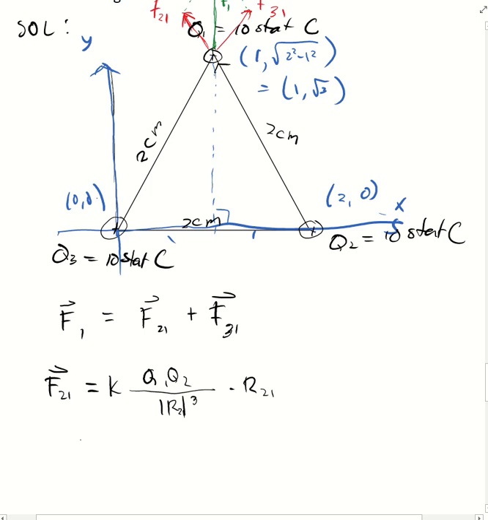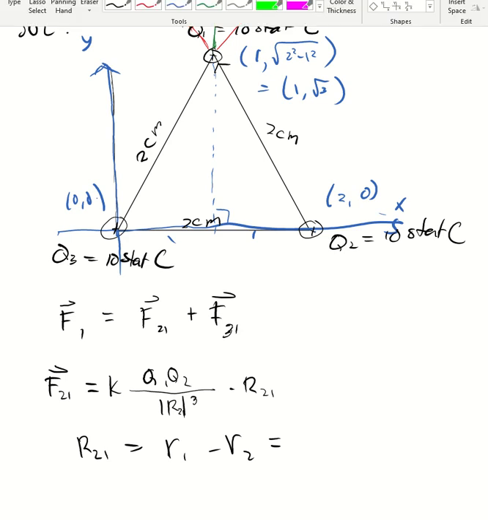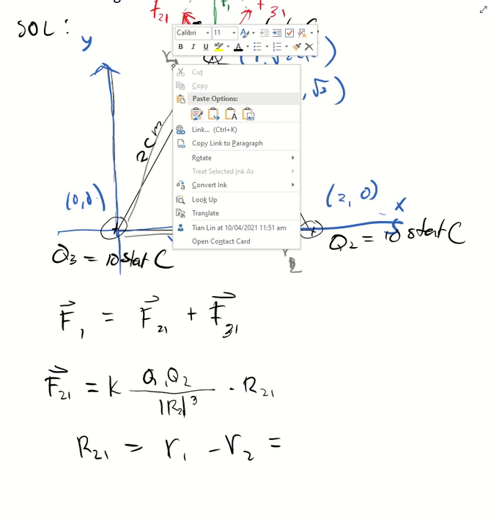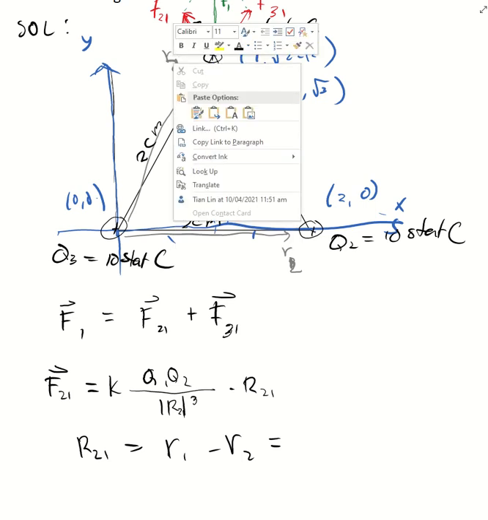Let's draw another color. From here to here, this is R1. Then from here to here, this is R2. So this is R21, R1 minus R2.